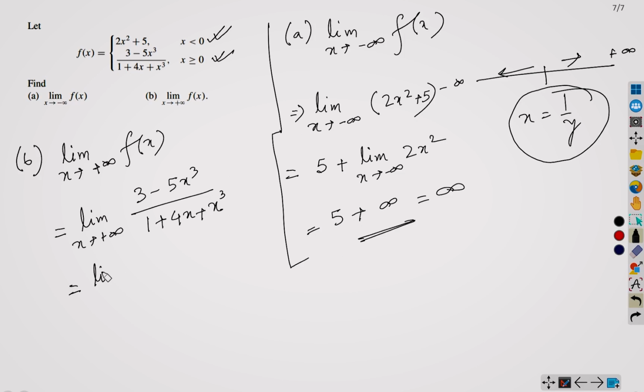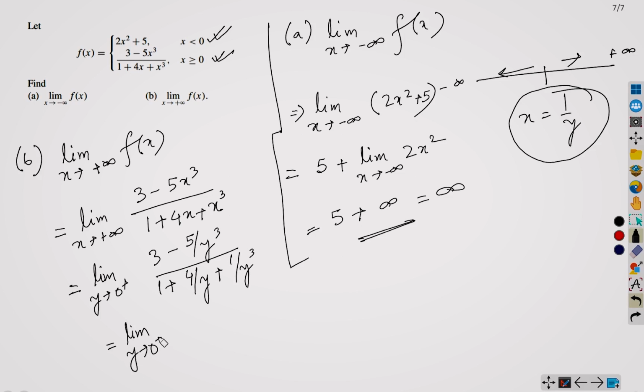and as we have seen, if we substitute x equal 1 by y, then this becomes y tends to 0 plus, 3 minus 5 by y cube, 1 plus 4 by y plus 1 by y cube. Now if we simplify this, multiplying by y cube to numerator and denominator, we obtain 3y cube minus 5, y cube plus 4y square plus 1, it is simple now.